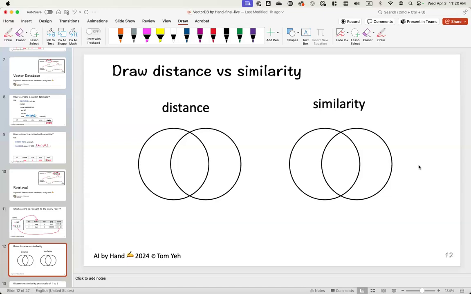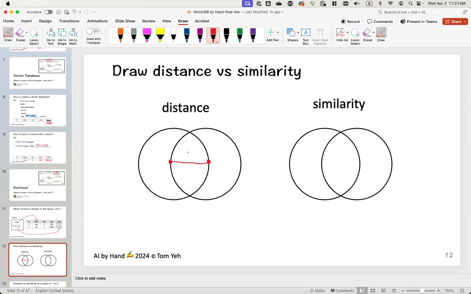And there's a really easy way for me to draw distance versus similarity. One way we can draw distance is to consider the centers of two circles. We want to talk about the distance or similarity between the two circles. For distance, I draw the center of each circle, and this line is the distance.